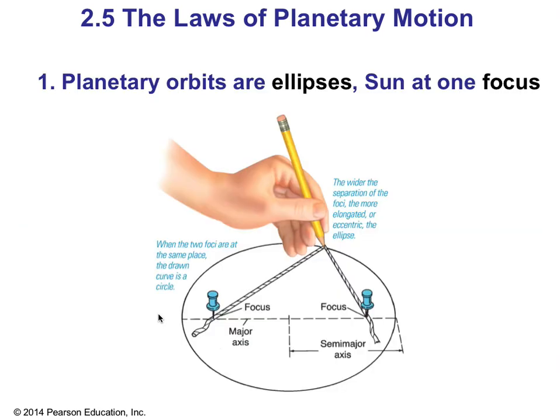The first law states that planetary orbits are ellipses. They are not perfect circles. Planets do not travel around the Sun in perfect circles, as was initially thought. The Sun is one of the focus points within the ellipse.